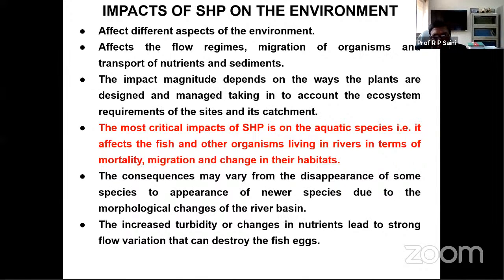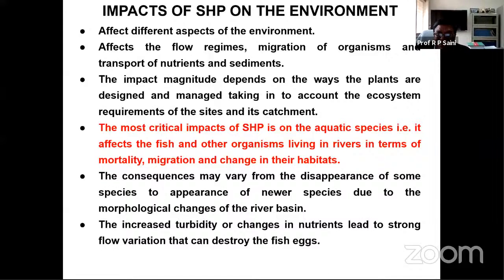These are the points I listed here quickly, so you can read them. Those who deal with the environmental aspects will be comfortable understanding all these things.